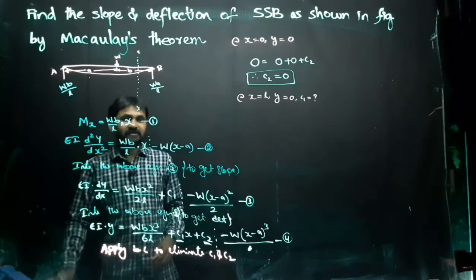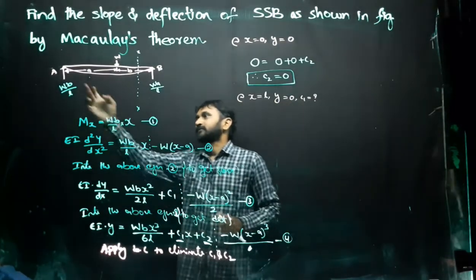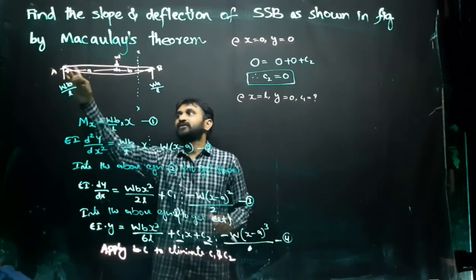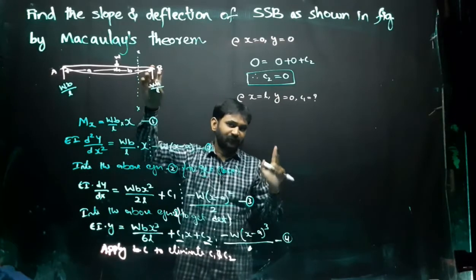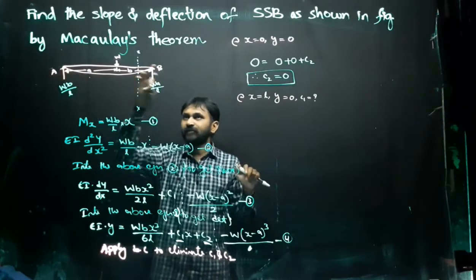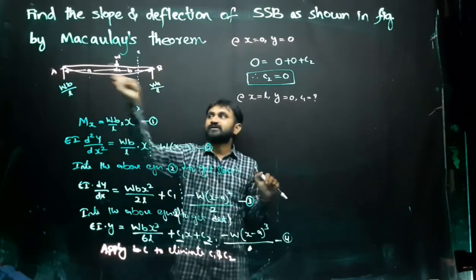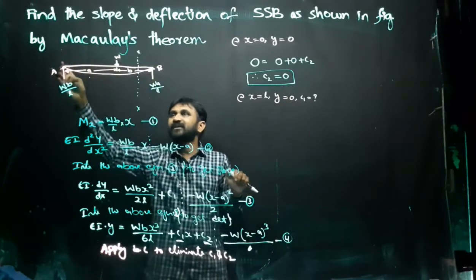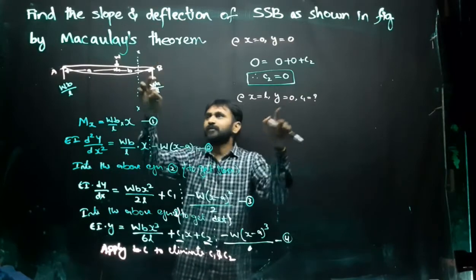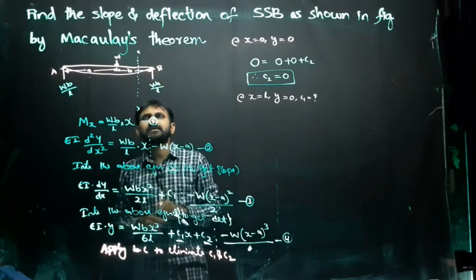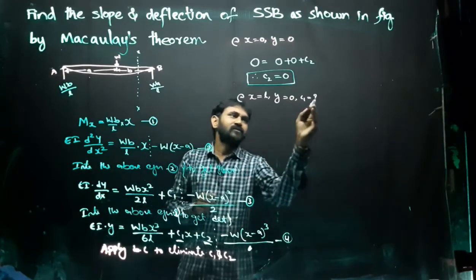We have two boundaries, one at A and one at B. At x equal to 0, y equal to 0, you got the C2 value. Now x is traveling from here to here, so x became L. At x equal to L, y equal to 0, because generally there is no deflection over here.